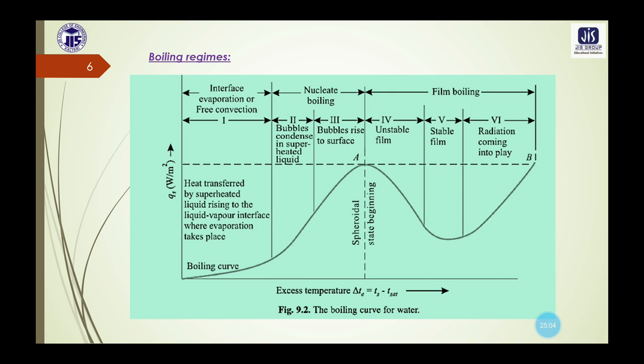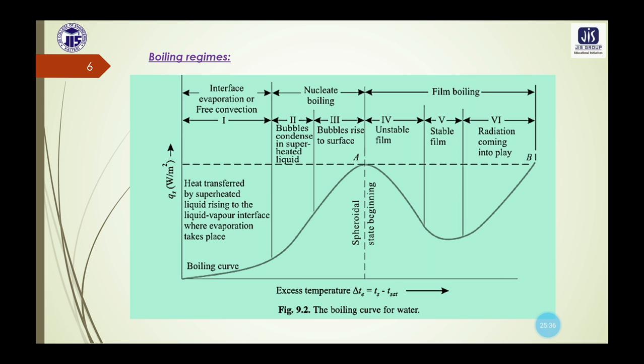So in this diagram we can see that at this point A the heat flux is maximum, the zone 3 of nucleate boiling ends at this point A, and from this point A the film boiling starts again. So this is like a transition zone between nucleate and film boiling, between zone 3 and zone 4.